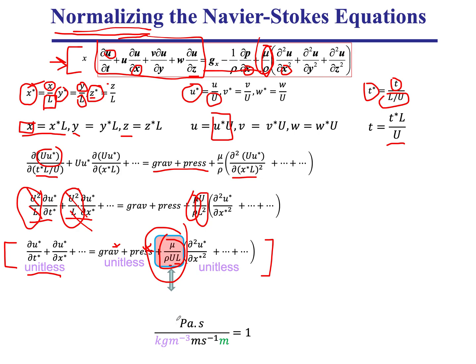If you look at the units, the viscosity is Pascal second, rho is kilogram per meter cubed, the velocity is meter per second, and the length is meter. And if you look at it, it also has units of 1. So that's also a unitless or dimensionless number.